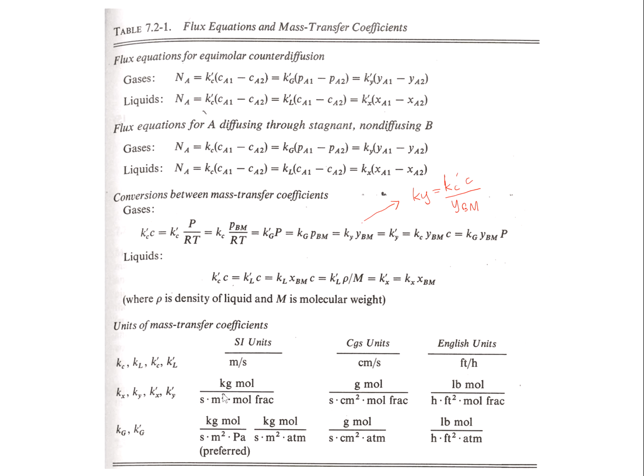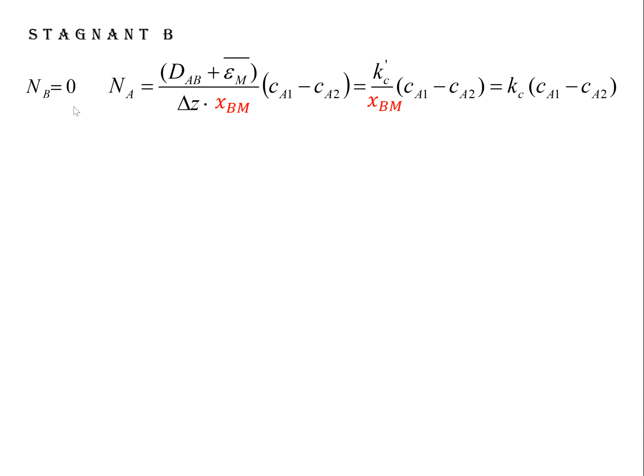Okay, so what's next? We want to look into stagnant B. By definition, NB equals 0. Here, I want to show you how you can obtain the correlation between the coefficient for stagnant B and EMCD. If you look at this point, you can already see that for stagnant B, as I mentioned, you don't have Kc with prime.